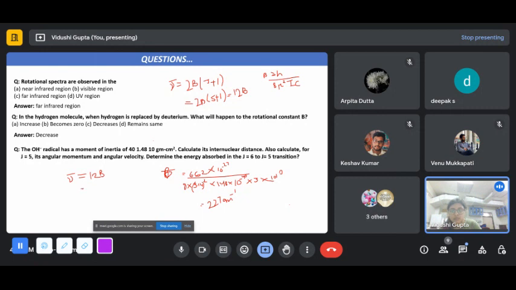Just multiply by 12. It's 227 centimeter inverse.